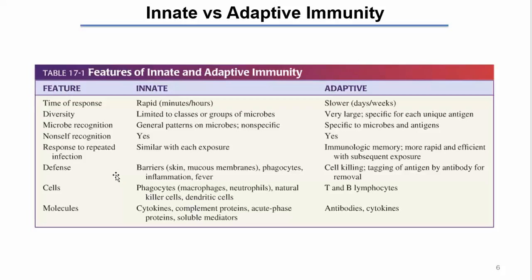We won't get too much into the molecules that are used, but complement, antimicrobial proteins, different mediators for inflammation are all involved in the innate, whereas not so much in the adaptive. Antibodies are the big extracellular non-living things.